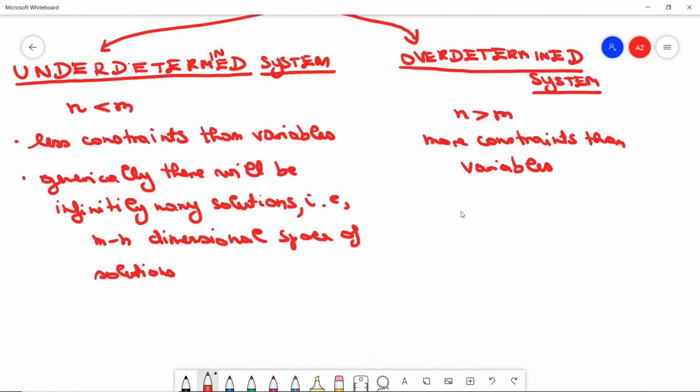While on the other hand, when we have more constraints than variables, there will usually be no solution. If those constraints are completely different from each other, then there will generically be no solutions.